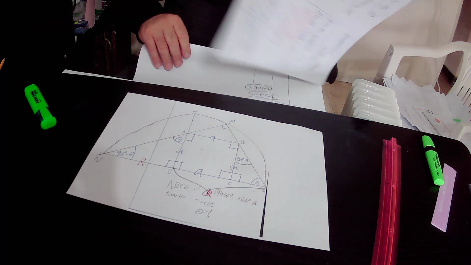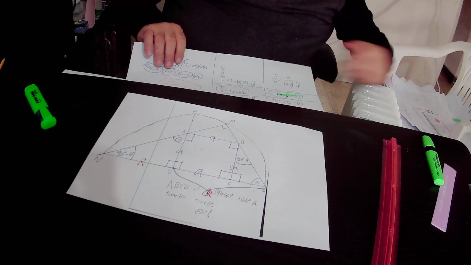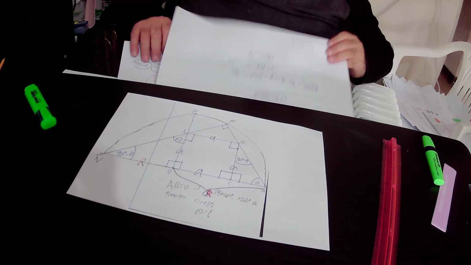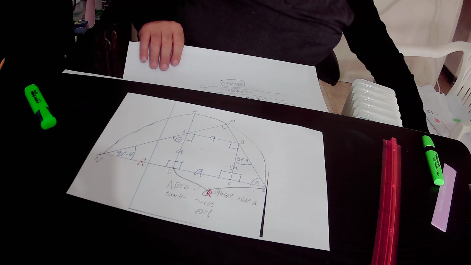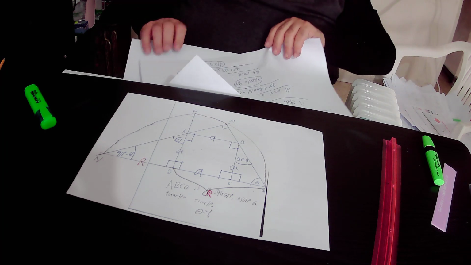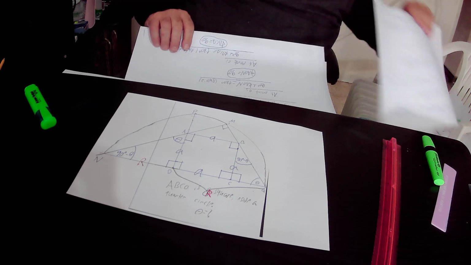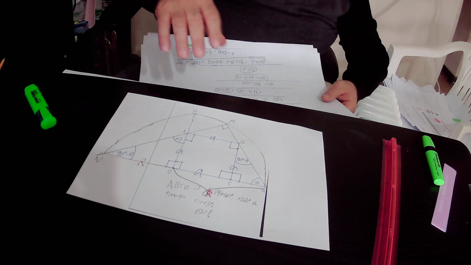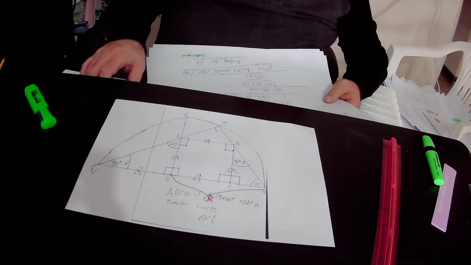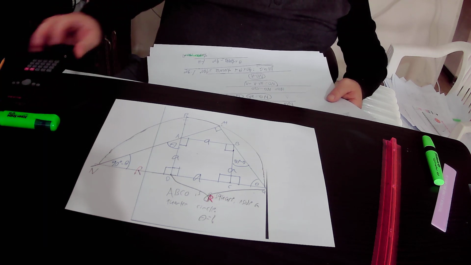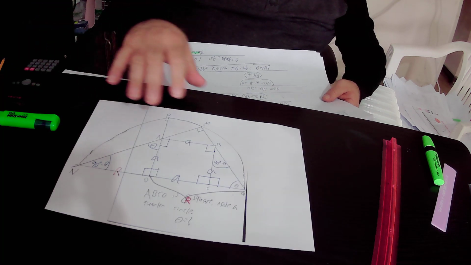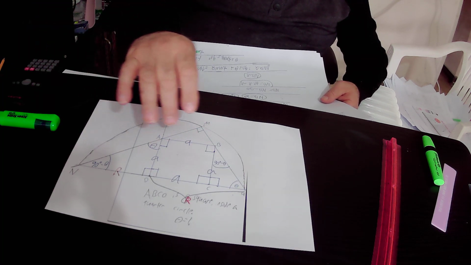We have here a quarter circle, and inside this quarter circle we have square ABCO.